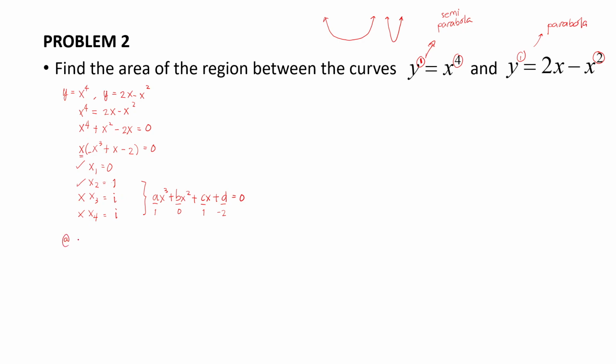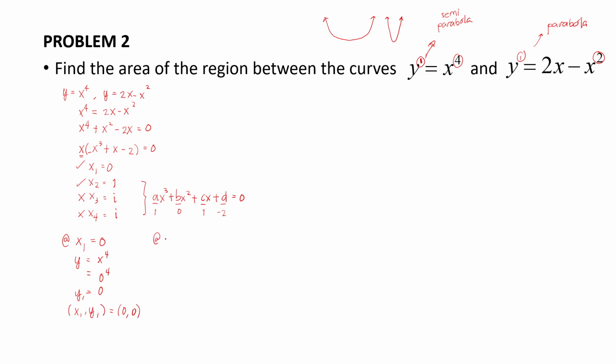Okay, so at x sub 1 equals 0, let's say we use y equals x to the power of 4. That would be 0 to the power of 4, then y is equal to 0. So this is the first root: x1, y1 is at 0 and 0.